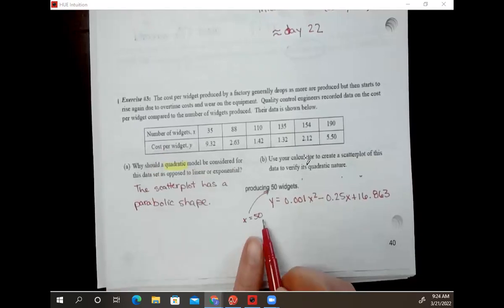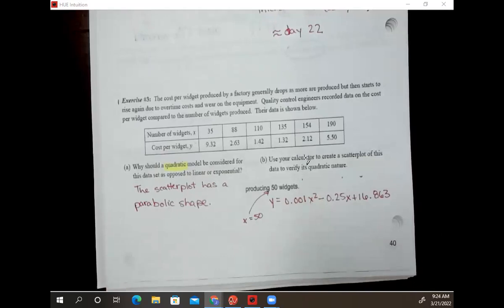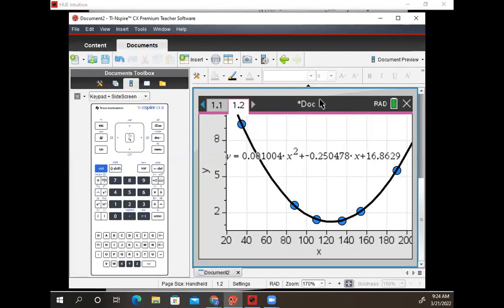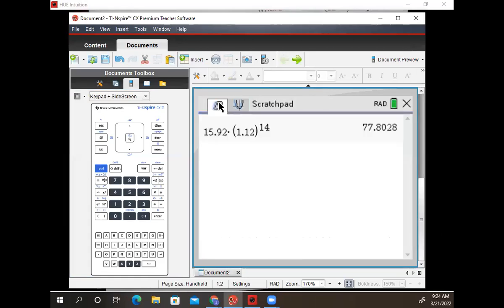So I'm going to go back to my calculator and plug 50 in for my X values. I'm going to do this just on a calculator page using the model function that I've jotted down on my paper. We can do this on the scratch pad, calculator side.